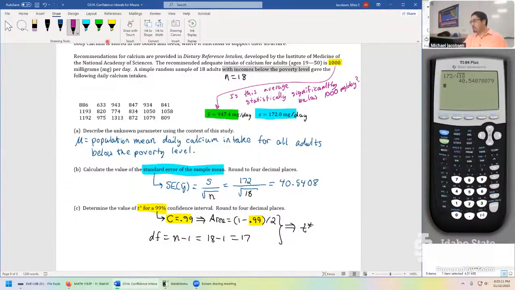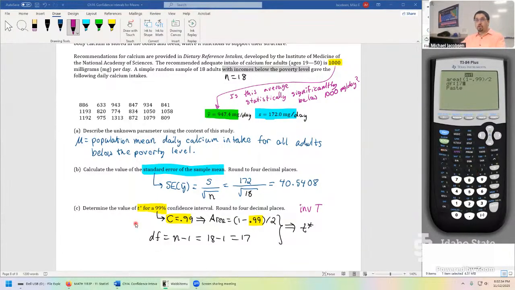We should remind ourselves that this is inverse T distribution in the calculator. So now hit second vars, go back down to inverse T. Our confidence level is the same, so the calculator line 1 is already set up the way we want it to be. Degrees of freedom, we do change on this one, so now it's 17.